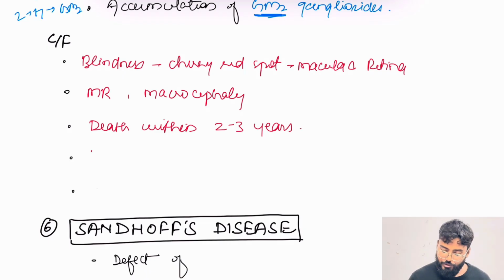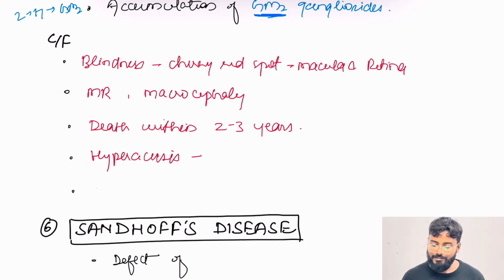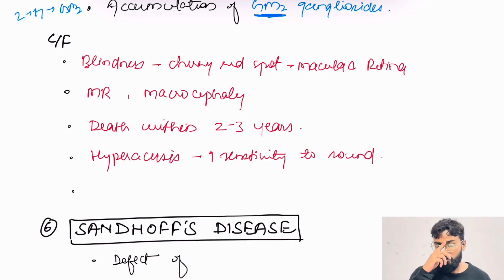Next one is your hyperacusis, that is increased sensitivity to sound. Like the patient cannot tolerate even normal sound; normal sound is going to appear as very loud sound. That is your hyperacusis.